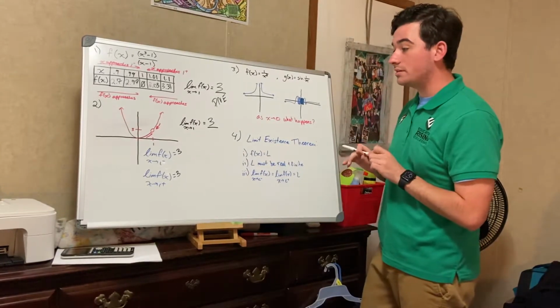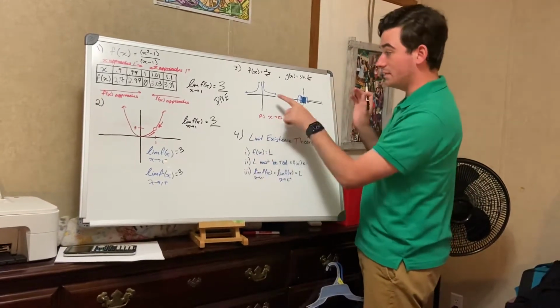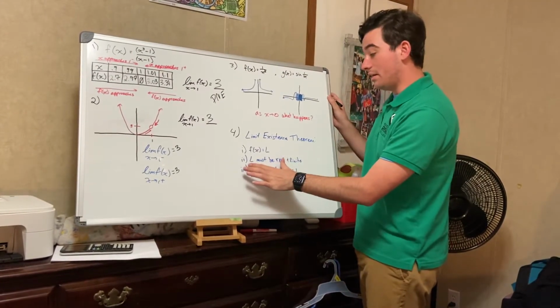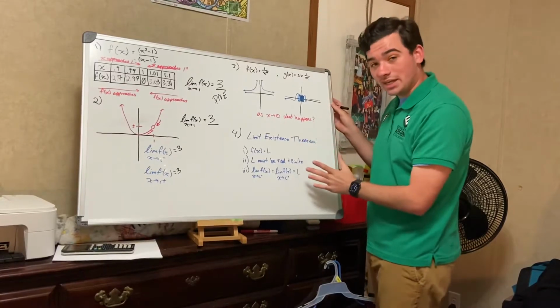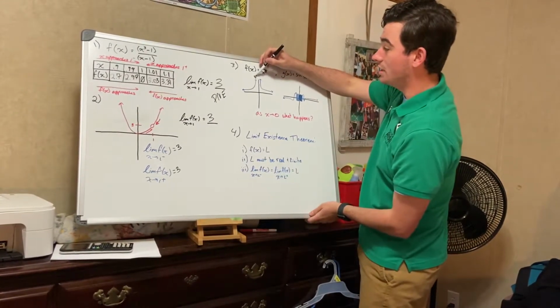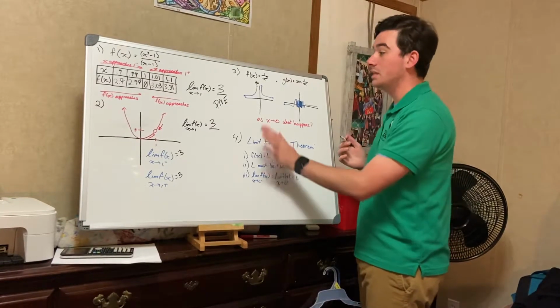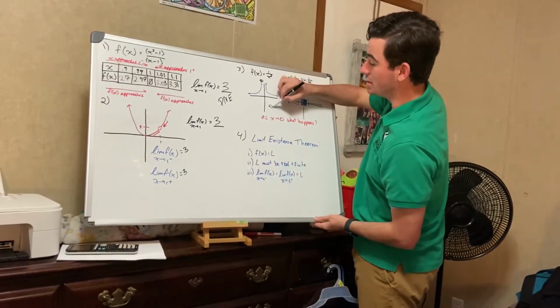Now if we look at this part, and like I already said, I already gave it away, L must be real and finite. As I said, infinity is neither real nor finite. Therefore, by the second criteria, this limit does not exist, DNE.